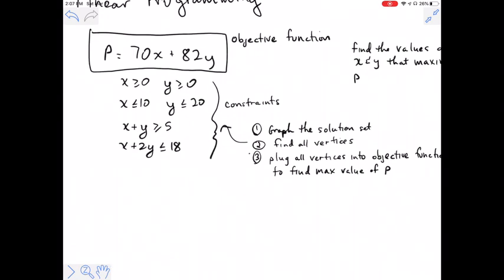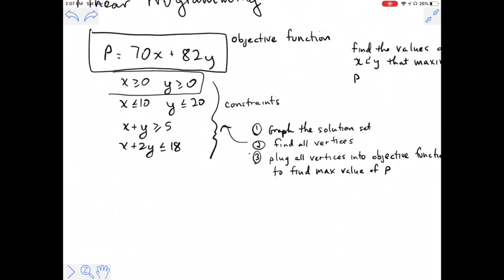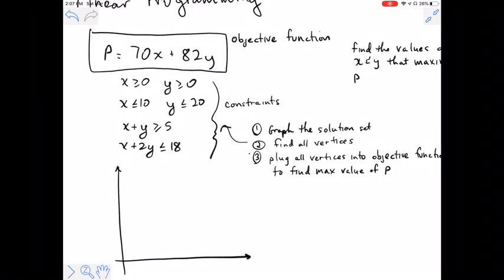So again, you do not graph the objective function. You're only going to be graphing what are called the constraints, or that system of inequalities. You notice that we have x and y both greater than or equal to 0. So that tells us the graph is in the first quadrant. X is less than 10 is what I'm looking at now.